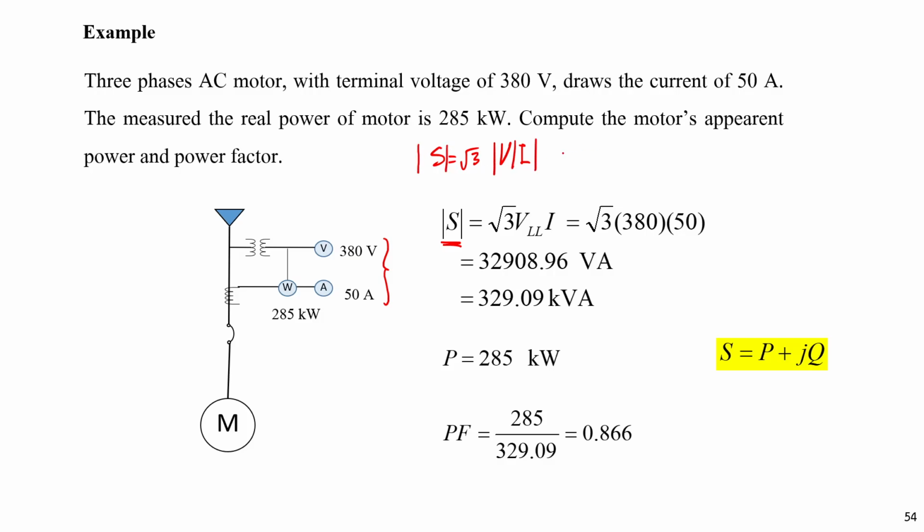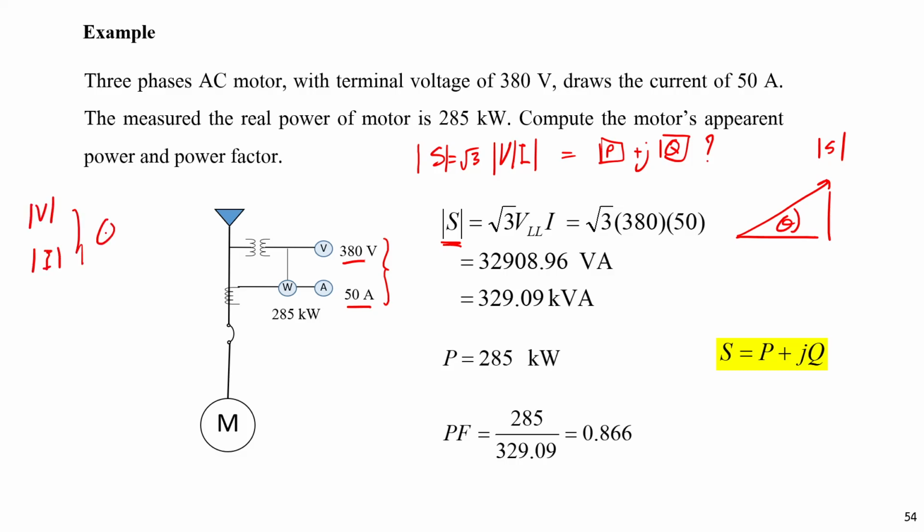We don't know how much P and how much Q. We know only the magnitude of S, we don't know the angle of S. Because we know only the absolute V and absolute I, we don't know how much the phase shift between V and I, right?